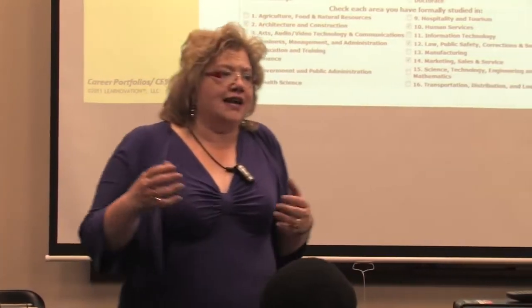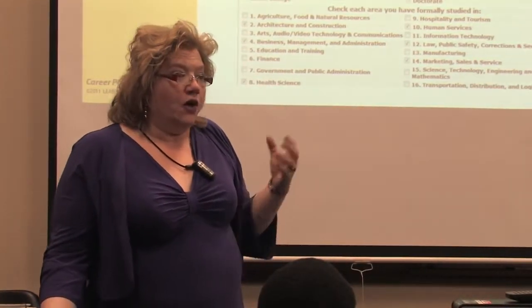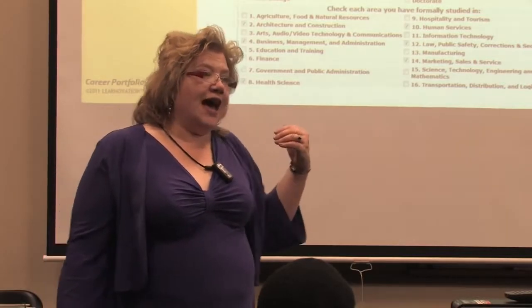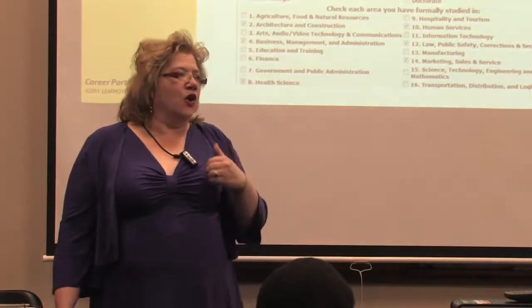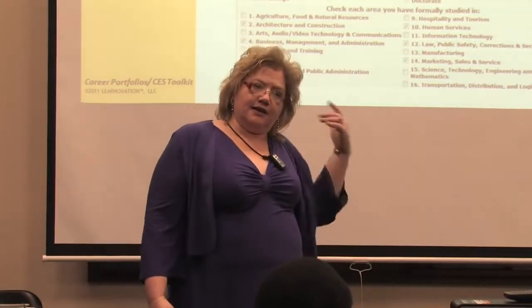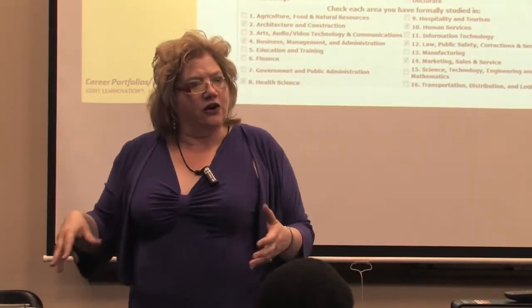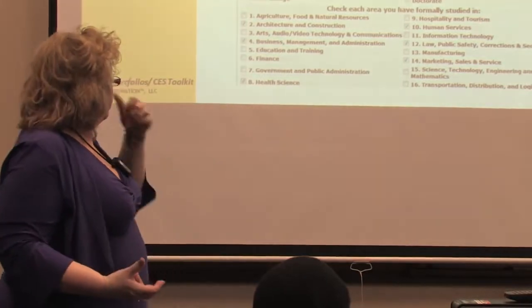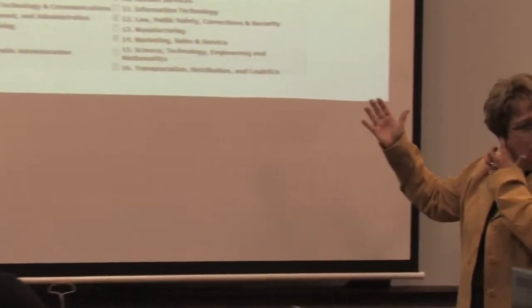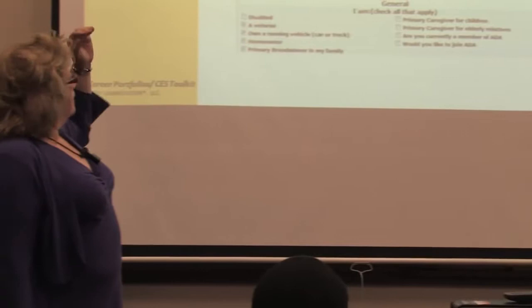Some of you may have had an agricultural focus while you were in high school, or a hospitality focus, and fill in the blank. But as you've come through your degree area here, the same is important. Fill out as much information as possible when you go through this OAT process, because that's going to transfer on later in the next steps. So again, don't be shy at identifying your areas.